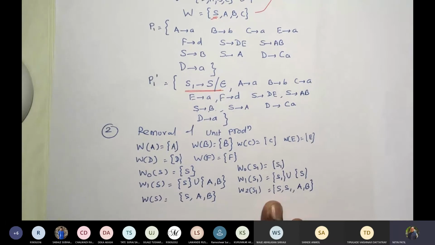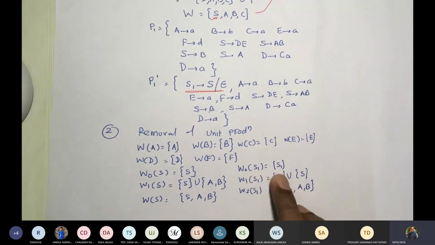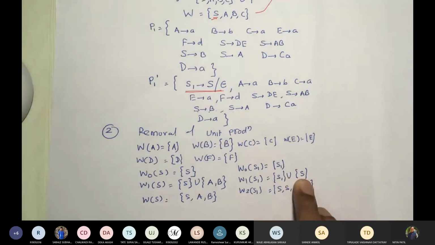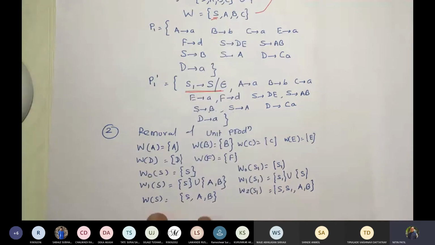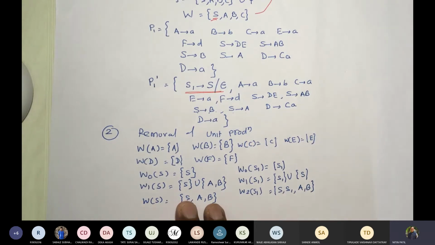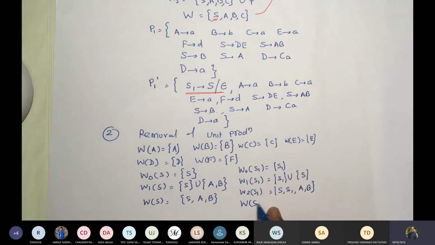Can somebody repeat? See, if I go with W0 of S1, the same variable would be added. To compute the next one, we will try to see if there is any unit production for S1. So that's why we added this S here. Fine. Next, we said S and S1 would be part of it now. Now we tried to find whether a unit production exists; we got S gives B and S gives A. So subsequently, if you get S, try to see what W of S is, provided you have computed it earlier. You include all of them over here. So we got A, B, S, S1. So this is our W of S1.